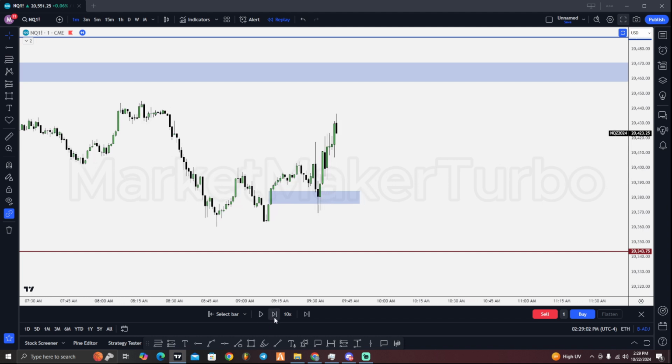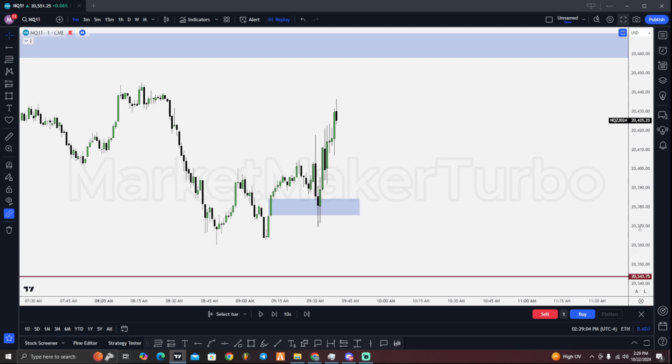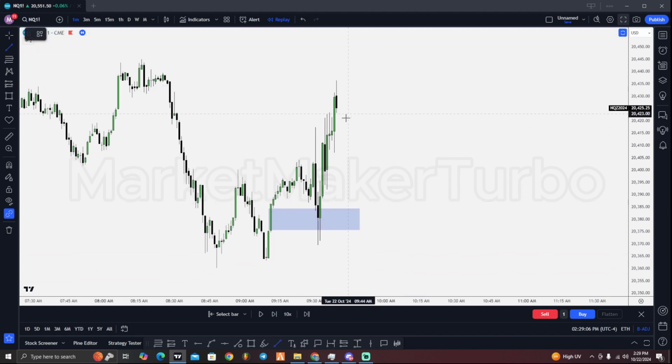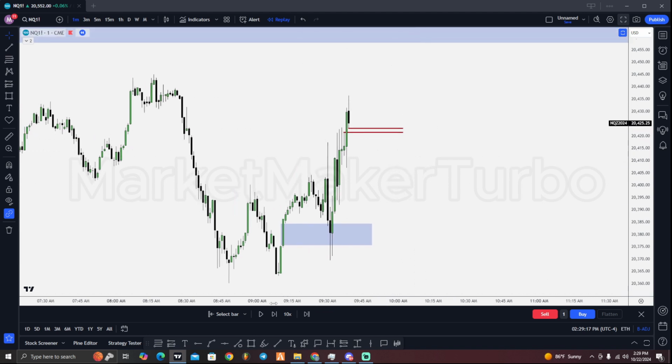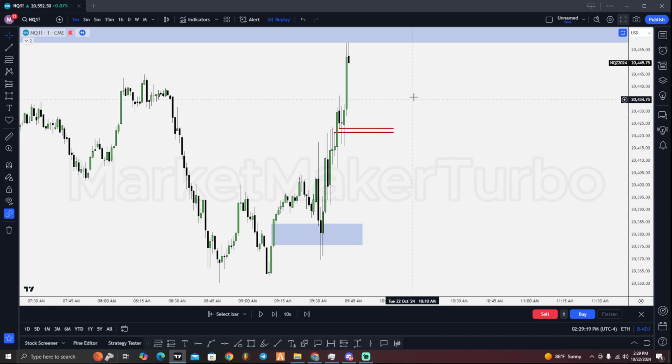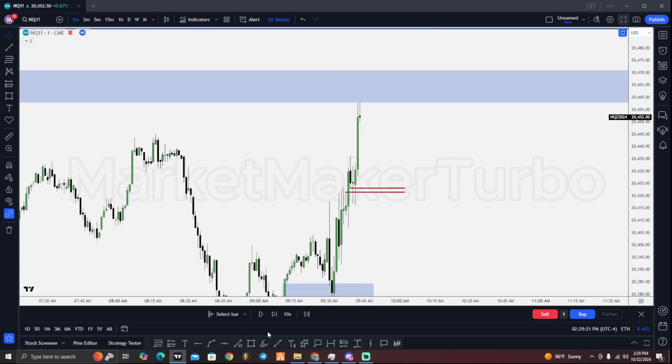It does put in a fair value gap right there, and this is the one I marked out. Price dips into that and runs higher into 50%, taking out buy side.